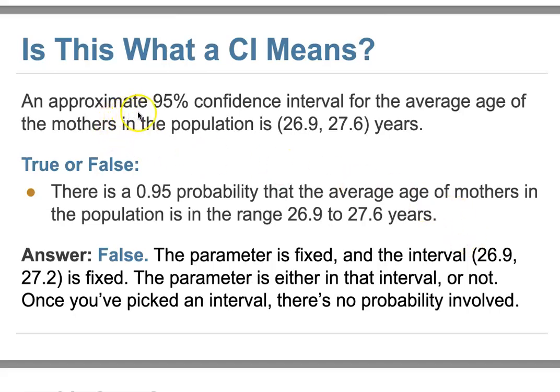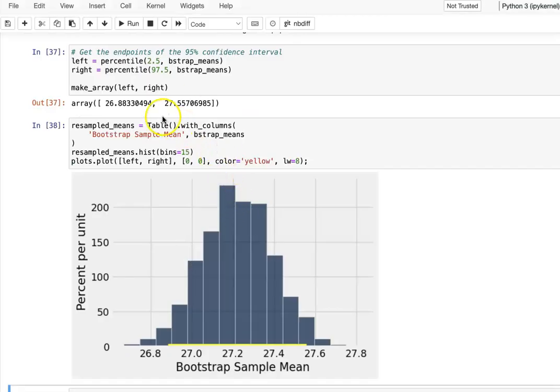We say the 95% confidence interval for the average age of the mom in the population is this one. So that's our confidence interval, and here the number may not be exactly the same as earlier, because each time you run your bootstrap resample, you get a different interval. It's the same thing from our demo here, that's our interval.